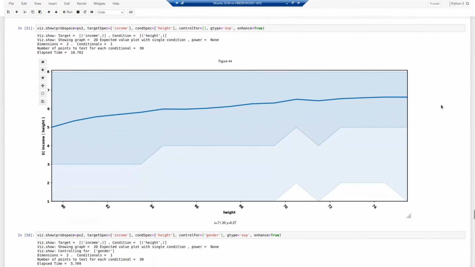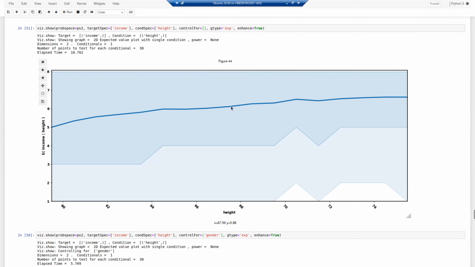We're going to take a look at a curious relationship here. This is income conditioned on height. Why is there a relationship between height and income? We can come up with a few hypotheses, but it's a bit mysterious as well.